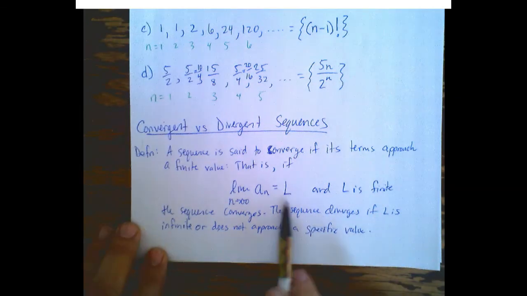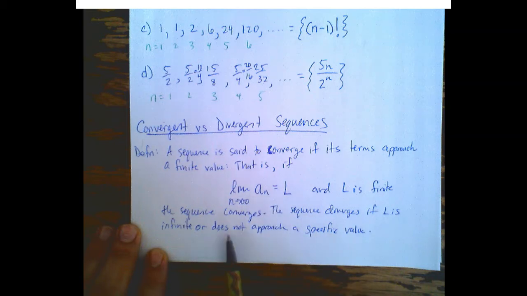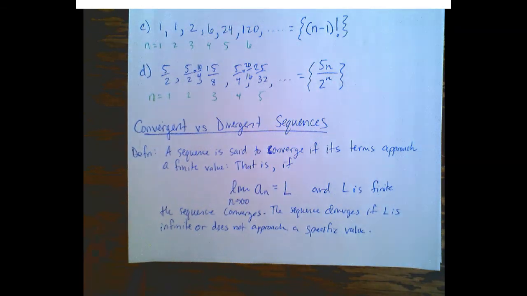So if you notice that this value is going to infinity or negative infinity, then we say the sequence diverges. It is also true that if this limit does not exist, that means if L does not approach a specific number, like it alternates back and forth between 2 values or 3 values, then it's also a divergent sequence. Okay?